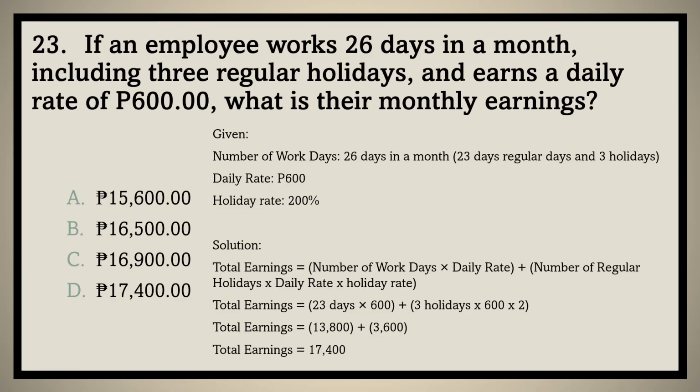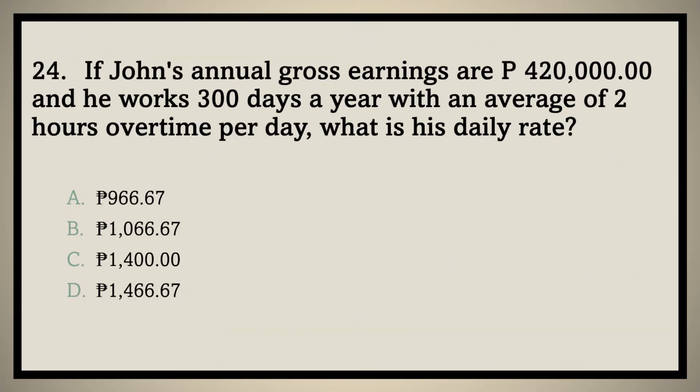Total earnings equals 23 days times 600, plus 3 holidays times 600 times 2. Total earnings equals 13,800 plus 3,600. Total earnings equals 17,400. So, the correct answer is D. 17,400 pesos.